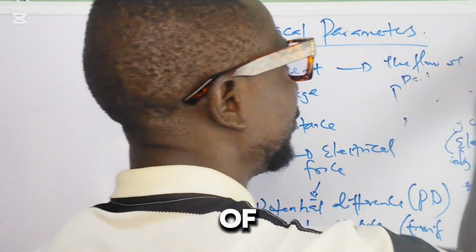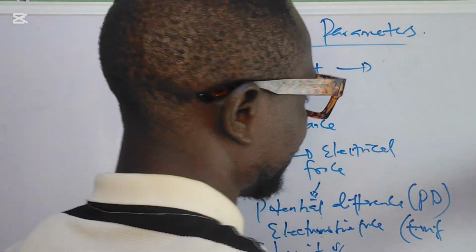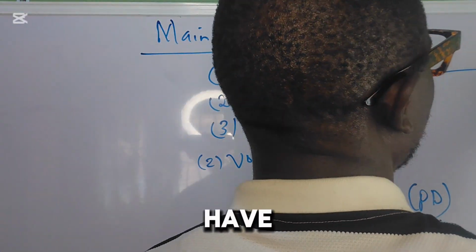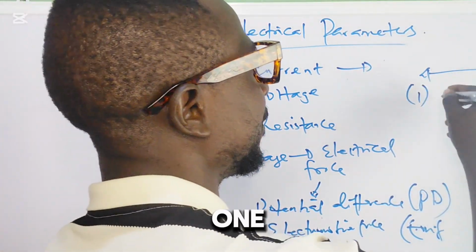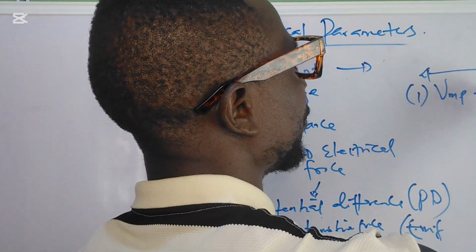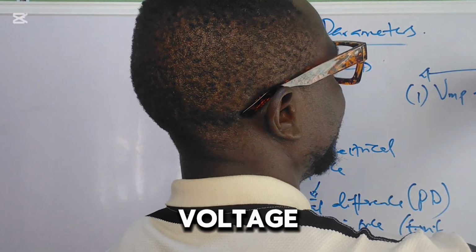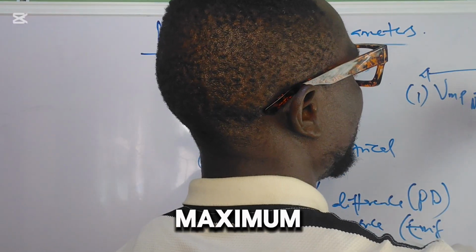Now we talk of your solar panel. In your solar panel, we also have two main voltages. One, the VMP, which is the voltage at maximum power.